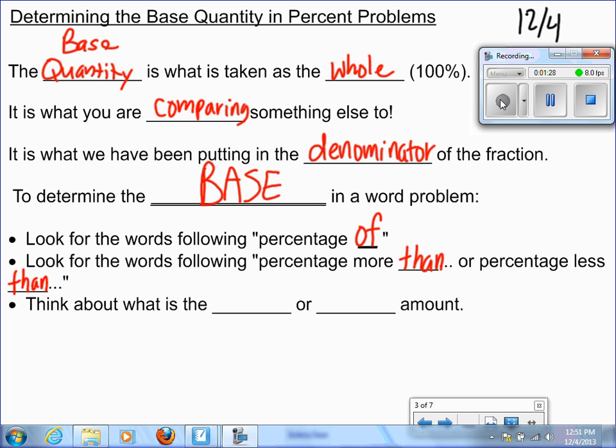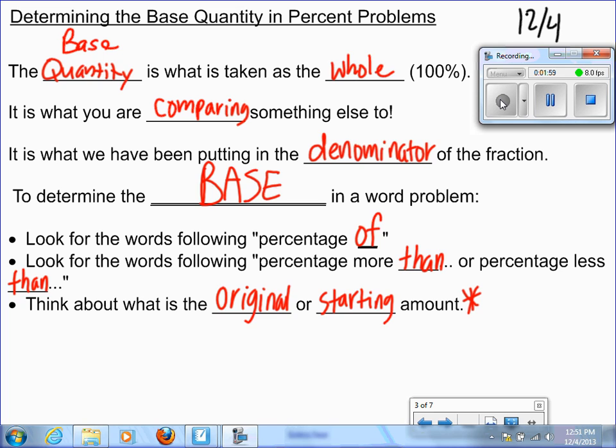What I want you to think about, and this one is especially important, is what is the original or starting amount, whatever happens first. So going back to Brian with his free throw percentage, last year happened first. Hopefully this year his free throw percentage goes up a little bit, and it's greater than 100% of what last year was.